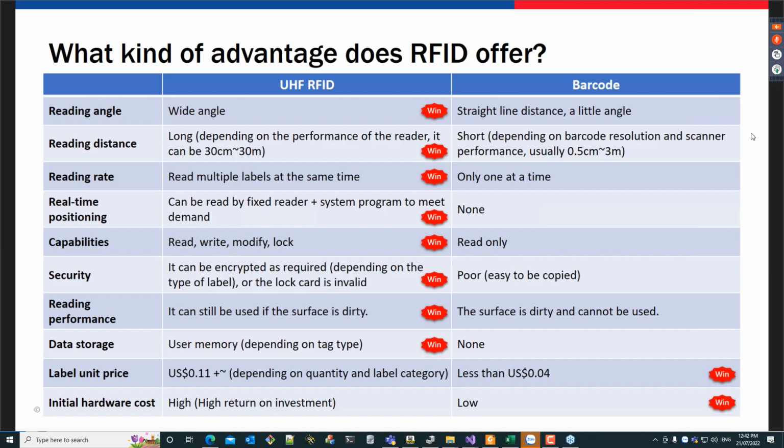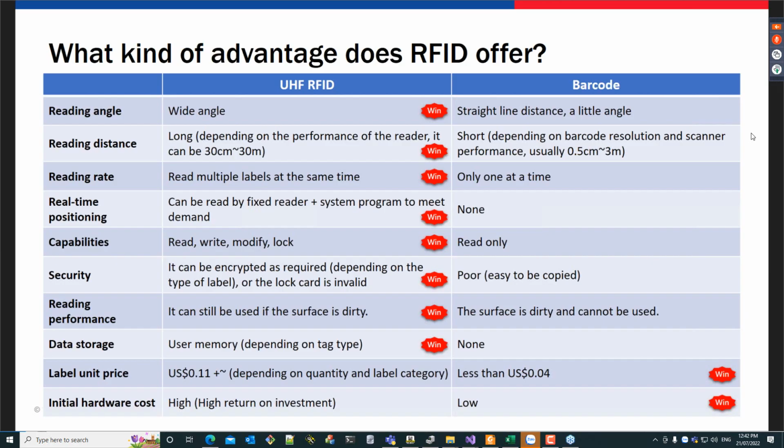And also with RFID tags we are able to read multiple labels at the same time, whereas with barcodes we can only read one at a time. So that makes the operators' efficiency much faster.